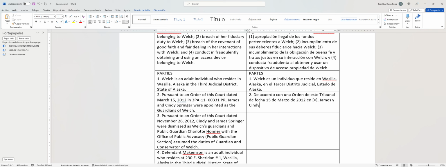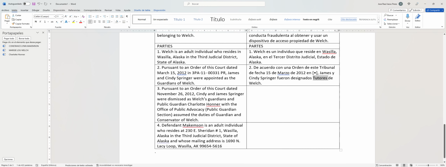James y Cindy Springer fueron designados tutores de Welch. Remember, we are using the word tutor to translate guardianship or guardians.